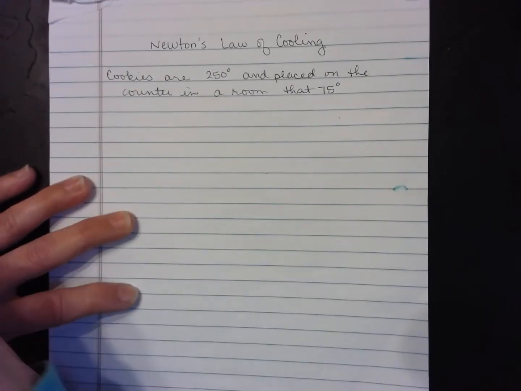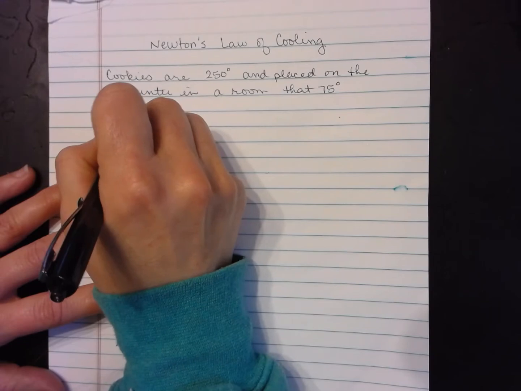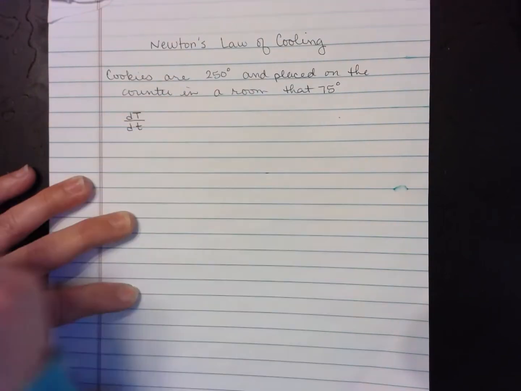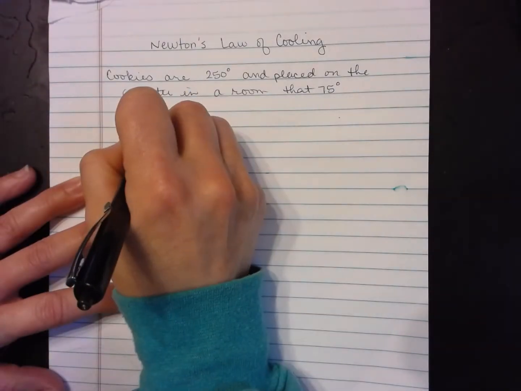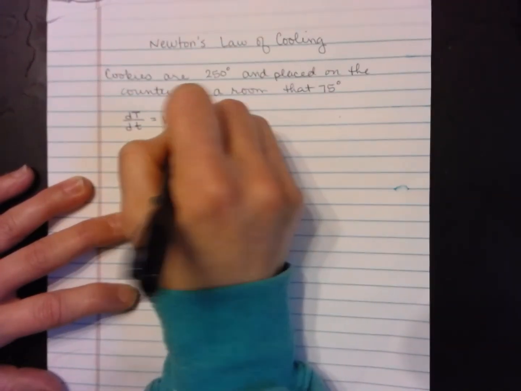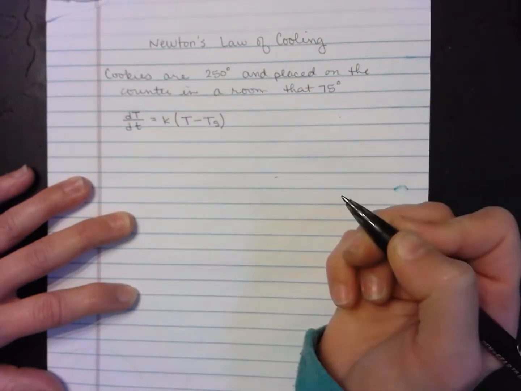Now this will be a proportional rate of change, so we will have the rate of change of the temperature of the cookies with respect to time t will be k times the temperature of the cookies minus the surrounding temperature.